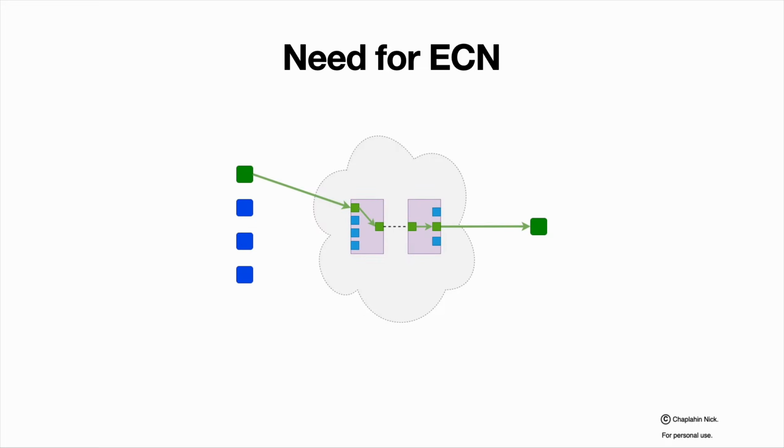So what is congestion in the scope of a router? Imagine we have a network with multiple routers and we are transmitting traffic from sender to receiver happily, no problems, no loss.